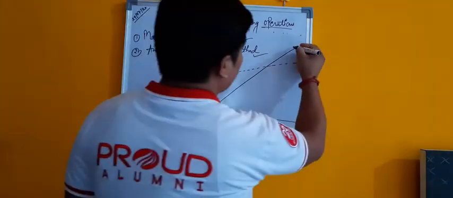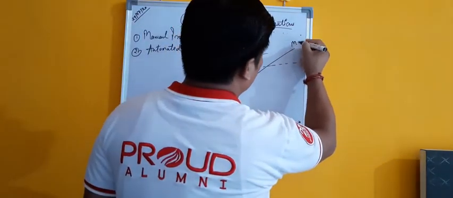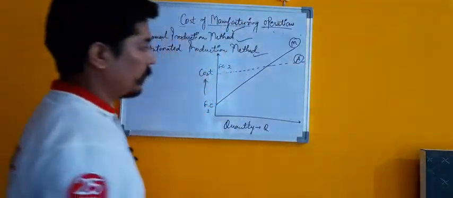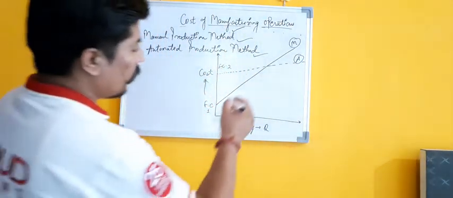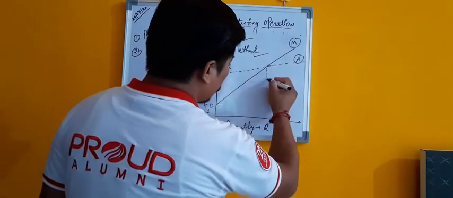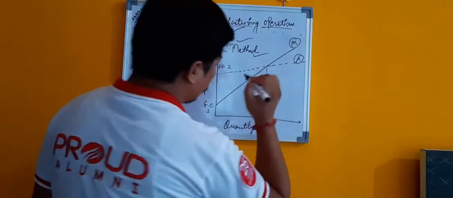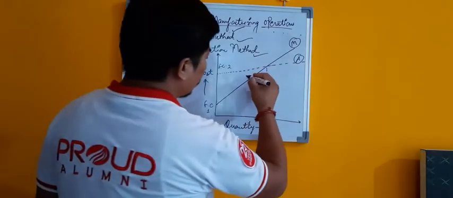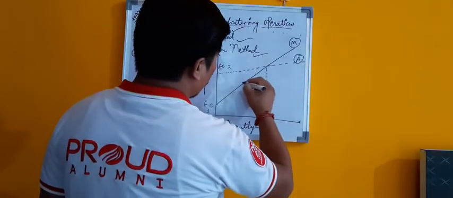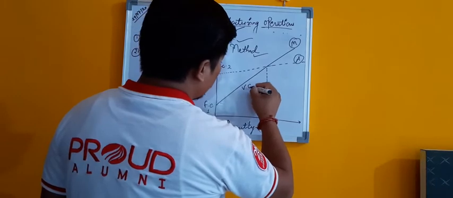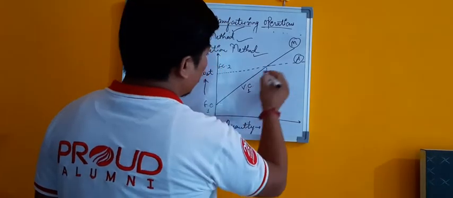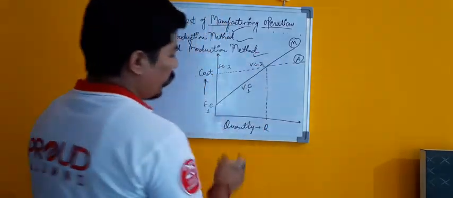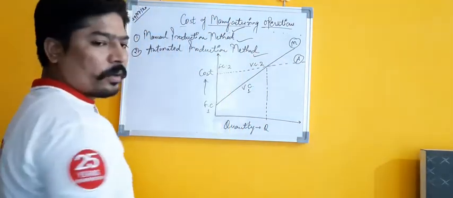This is for the manual production method and this is for the automated production method. Understand? Clear? This will be the fixed cost, and this will be your VC1 and this will be your VC2, variable cost 1 and variable cost 2.